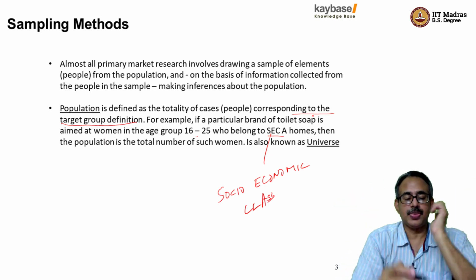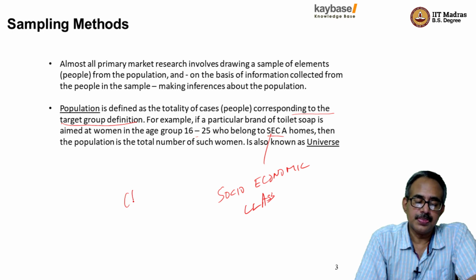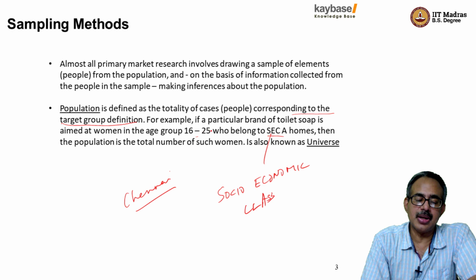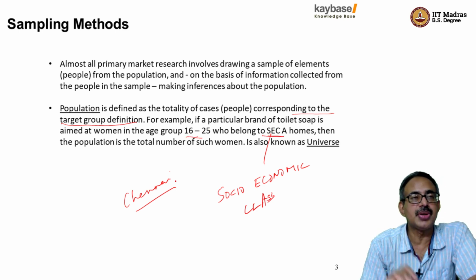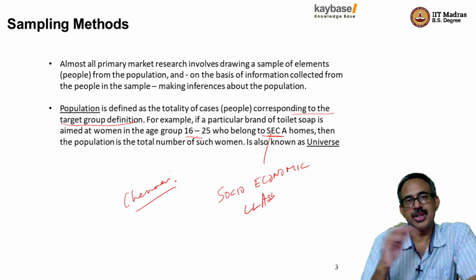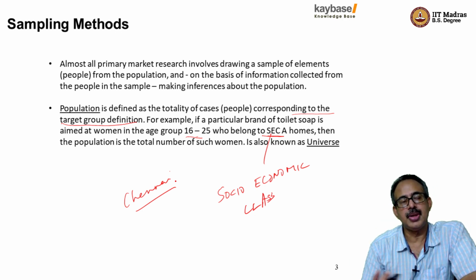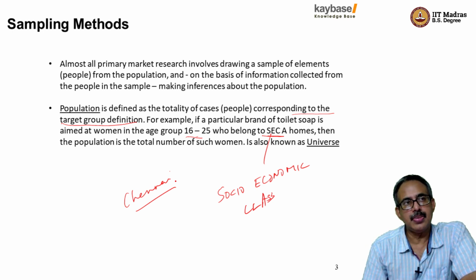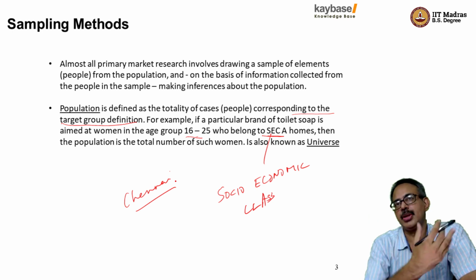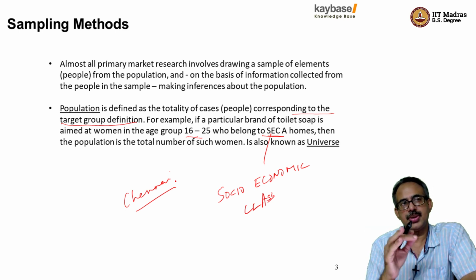So if your target group is only Chennai, then it is the number of ladies of age 16 to 25 in SEC A homes in Chennai. Okay. If your target group is India, it is India. If your target group is South Asia, which is India, Pakistan, Bangladesh, Sri Lanka, Nepal, then it is the number of people in that particular geography. Does that answer your question?